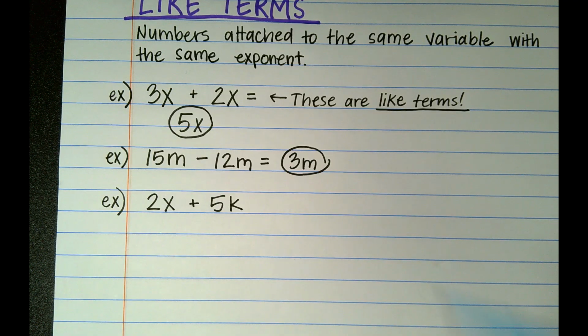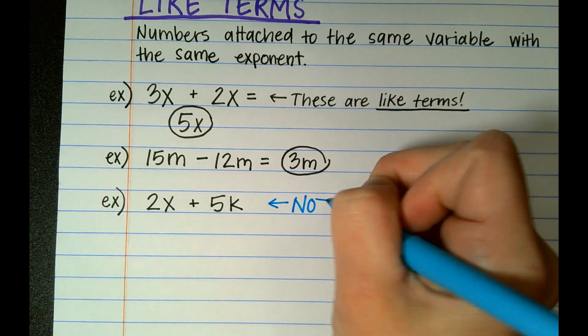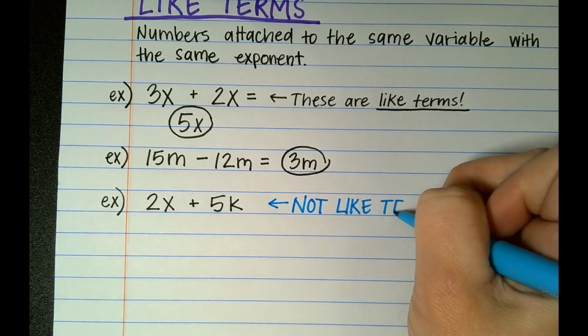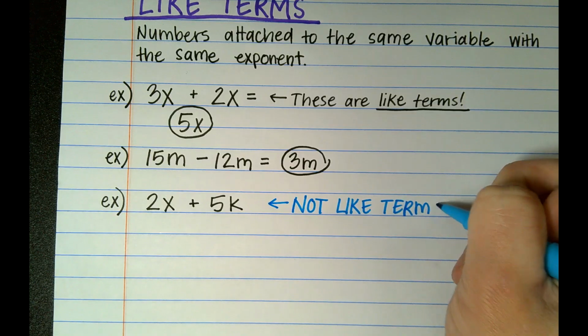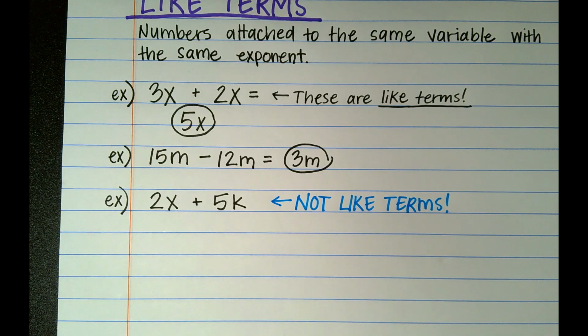If our terms are not like terms, I'm going to write that, not like terms. If they're not the same, we just can't add them together. We can't subtract them. We can't do anything with them. And it just stays like that. Exactly. It would stay like that.